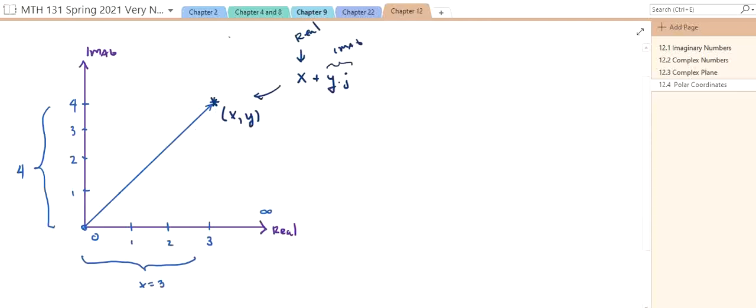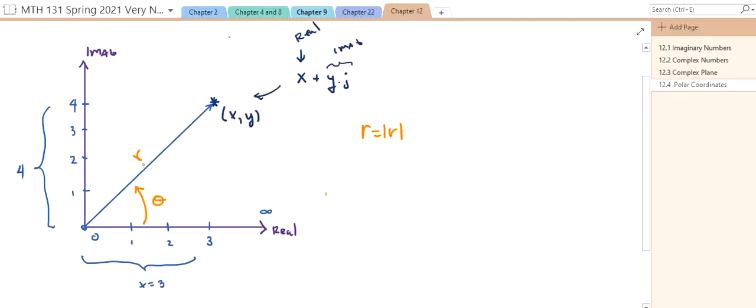Well, as we look at this, we see that there is an angle this makes with the x-axis, or the real axis. We can call this angle theta. And the length of this vector we call the magnitude of the vector, or r. The absolute value of r is the magnitude of the vector, and I'm thinking of this r as a scalar length.